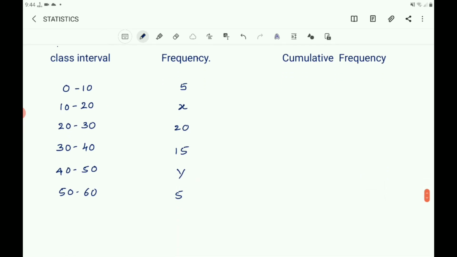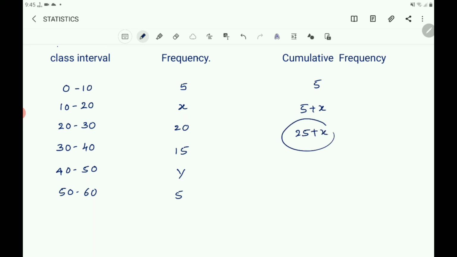Now let us take the class interval, frequency and cumulative frequency. You know the method of finding the cumulative frequency. First you write 5. Next, 5 plus x. Then 5 plus x plus 20, you will get 25 plus x.